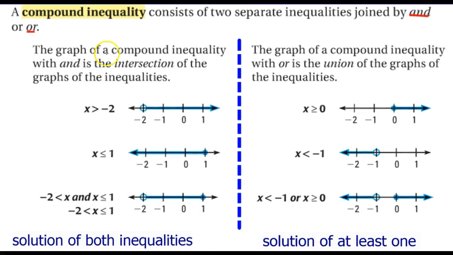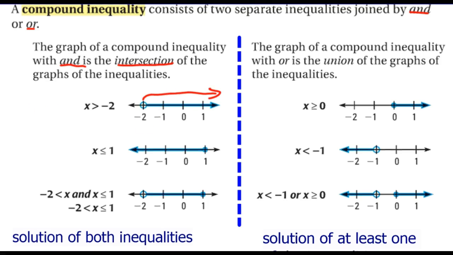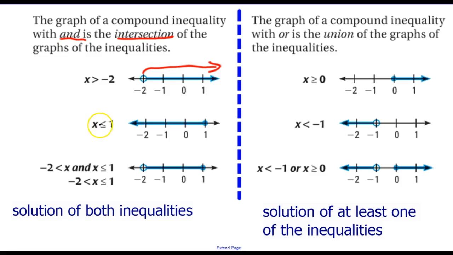The first one: the graph of a compound inequality with and is the intersection of the graphs of the inequalities. So if we have x is greater than -2, that's an open circle pointing to the right. X is less than or equal to 1. That's a closed circle pointing to the left.